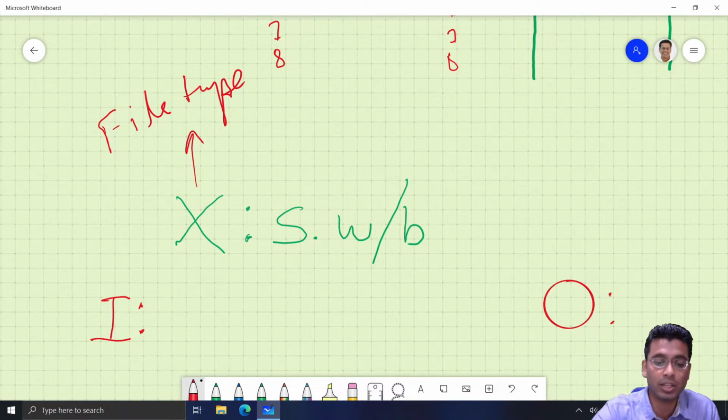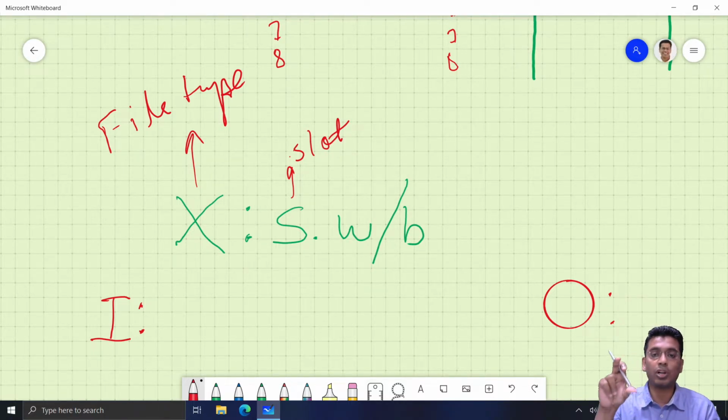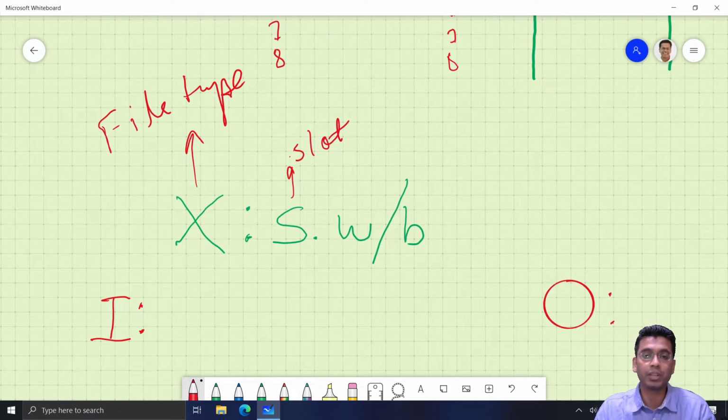Now, what is this slot? When I talk about slot, what am I saying? I told you in the PLCs there are multiple slots which you can fill in. That means your input output module will come onto a slot. You will also be having your network interface module, then your communication part. All those things will be there.